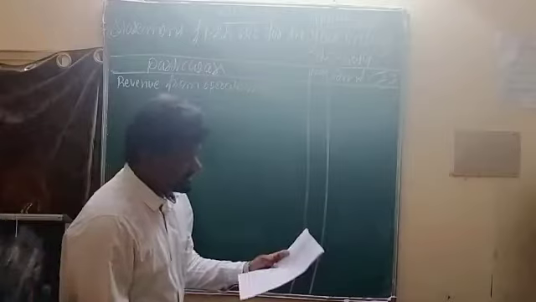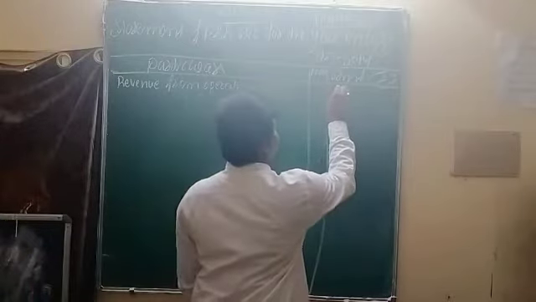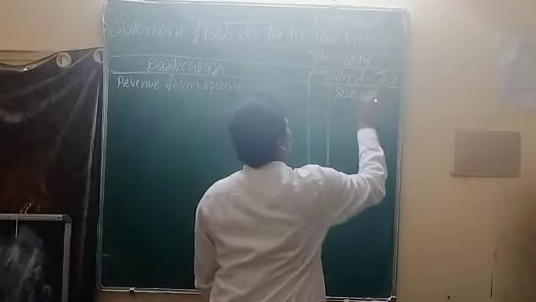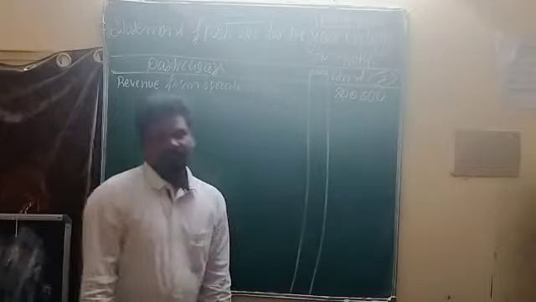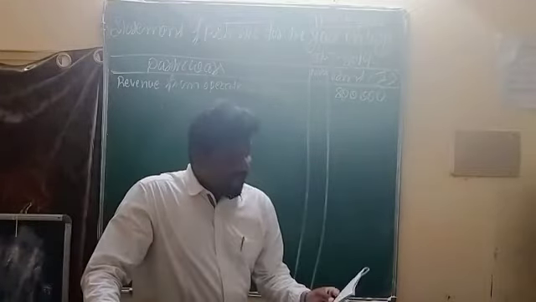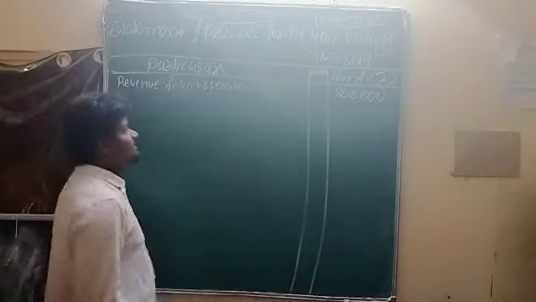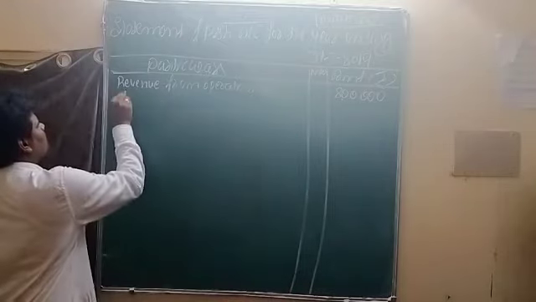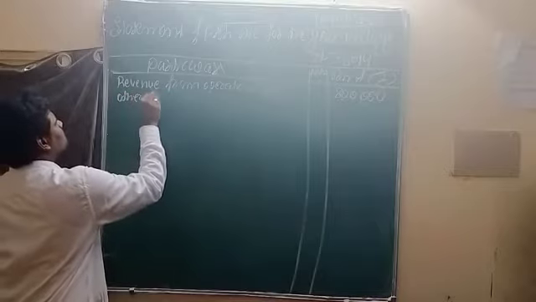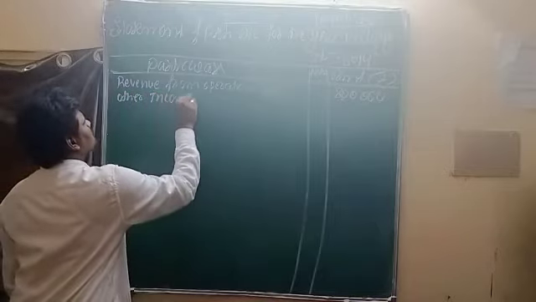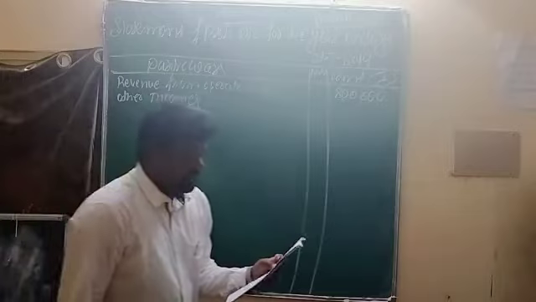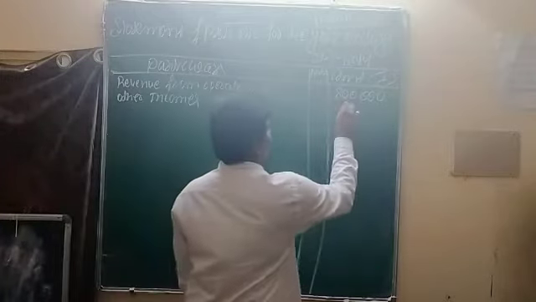Revenue from operations, they have given 8 lakhs rupees. The next transaction, other incomes. Here the other incomes are also related to income, right? Other incomes, they have given 50,000 rupees.